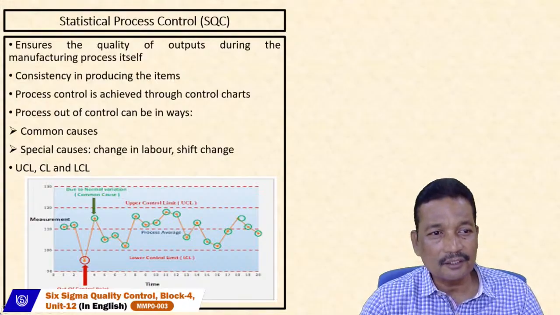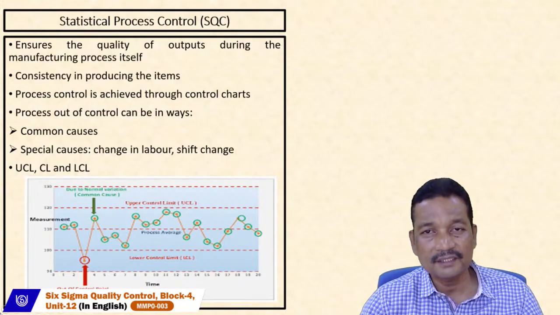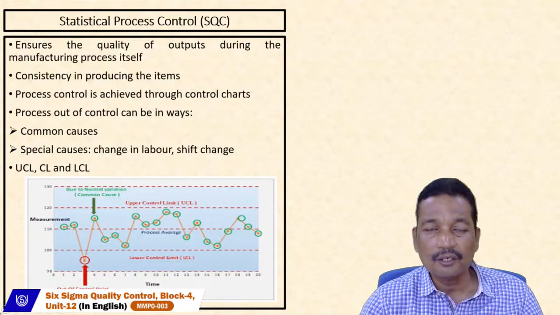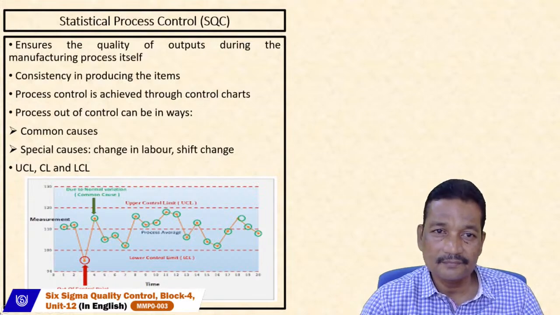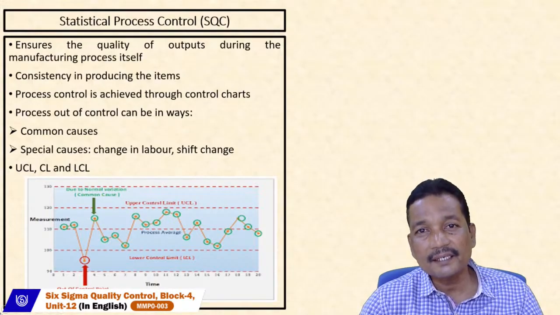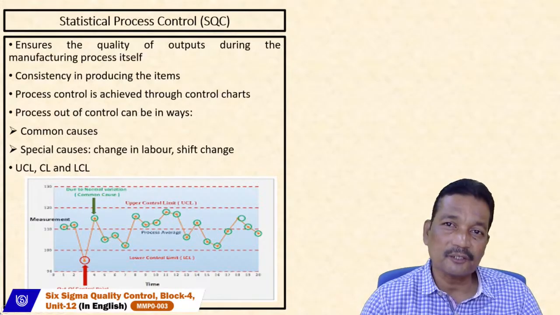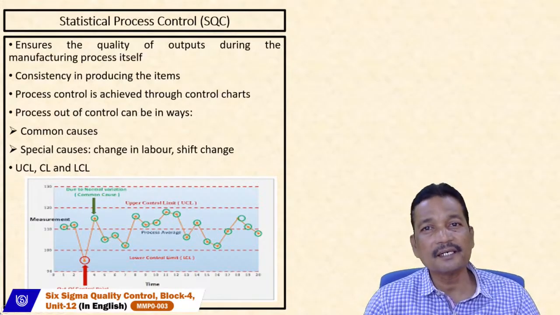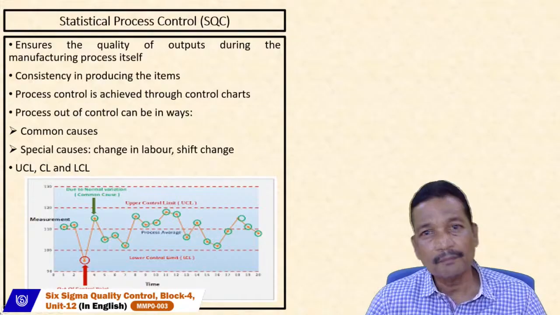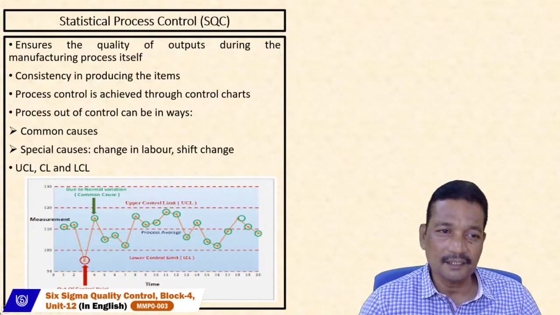So this can occur due to the out of process control. This can occur due to common causes. What are the common causes? Now we can say wear and tear of the machines. So it will be producing items, but certain deviations will be occurring, but which are within our acceptable limits.